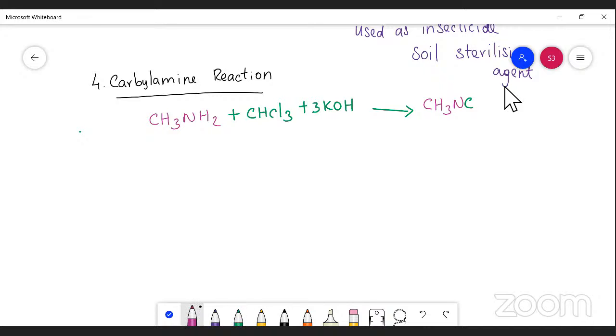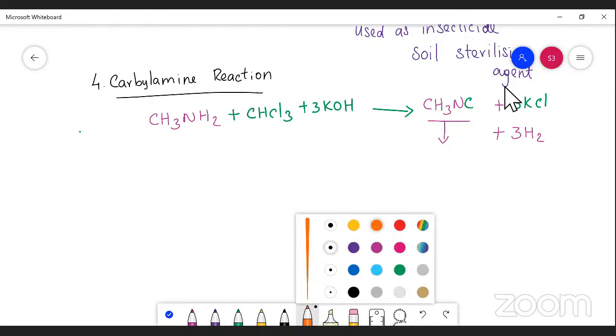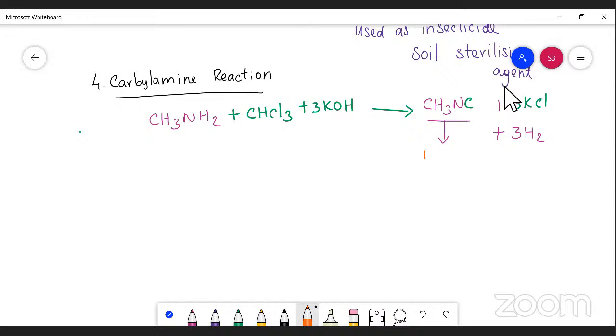We get 3 molecules of KCl, and the remaining is removed as 3 molecules of water. The chemical is methyl isocyanide.